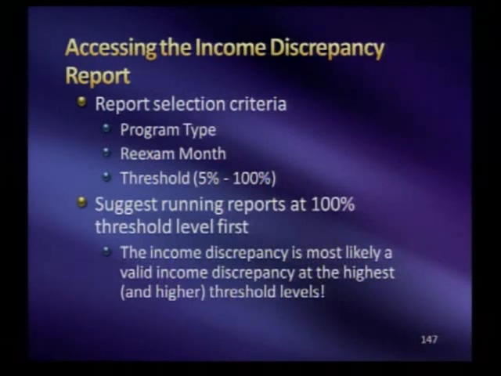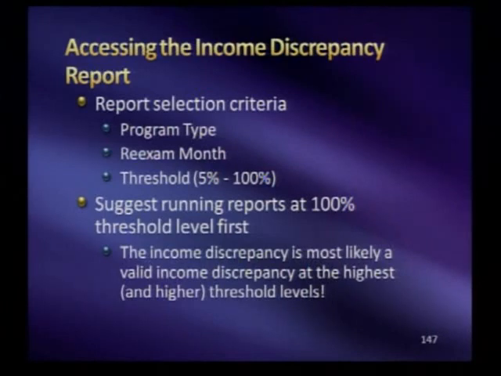You can choose a percentage as low as 5% or as high as 100%. But we encourage you to run the report at the 100% threshold level and work your way down. The higher the threshold, the more likely there is an instance of a valid income discrepancy, and I'll explain what a valid income discrepancy is in a moment.